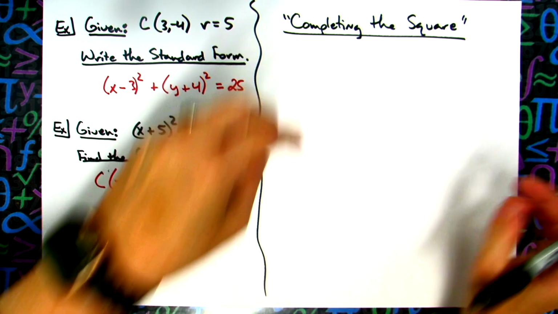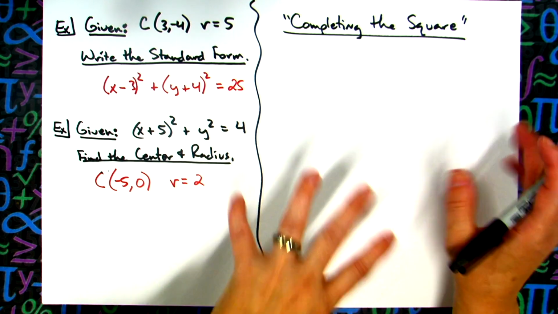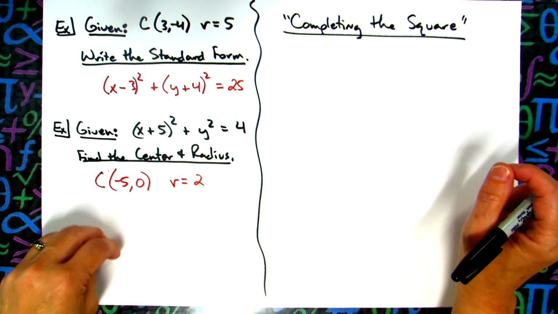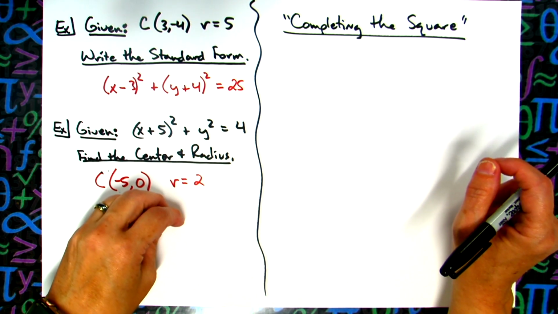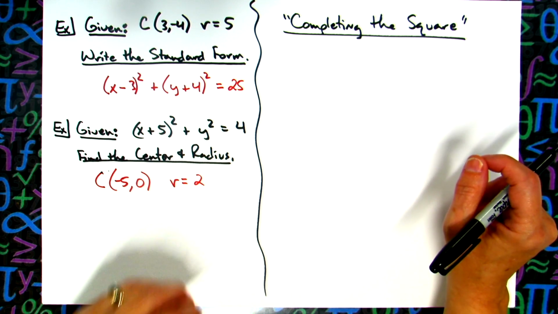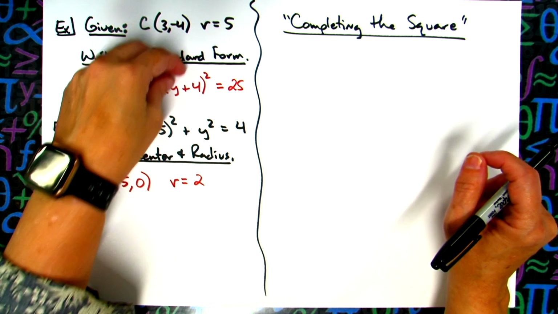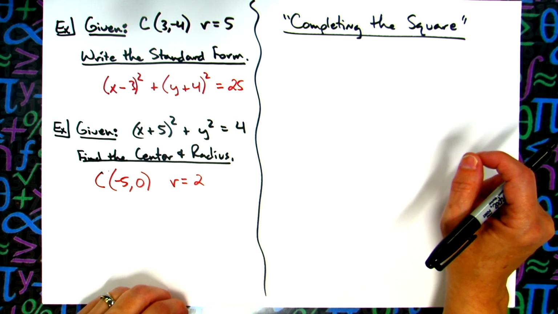Now, in your notes, I have put this, completing the square. I put that on the top of this example. In the directions, it's not going to say anything about completing the square. You have to know that's the process you have to use to be able to get to the answer.